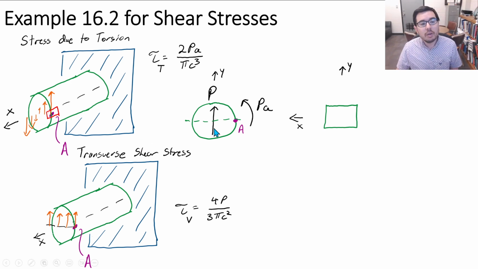So what would tau xy look like? Well, in this case, look, there's a shear stress going up in both cases, and X is coming out of this side. So, okay, I've got a positive Y. The question is, do I put it on the left side or on the right side?